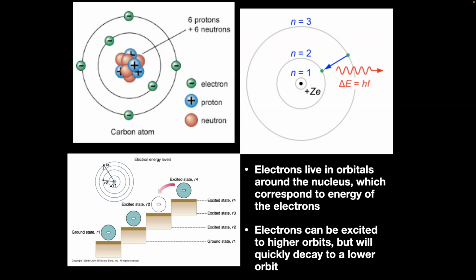So they quickly will decay by emitting a photon that is the energy difference between levels. These are discrete, like rungs on a ladder. You can go up or down one or two steps, but you can't go a half step. This picture shows an electron in a higher energy level. It wants to decay down to this energy level, and it will emit the exact difference in energy from this level to this level.